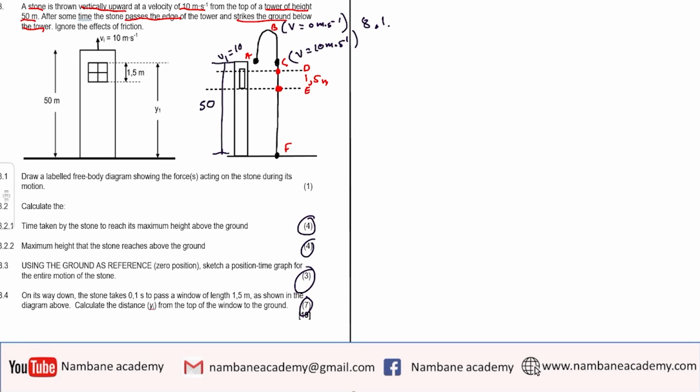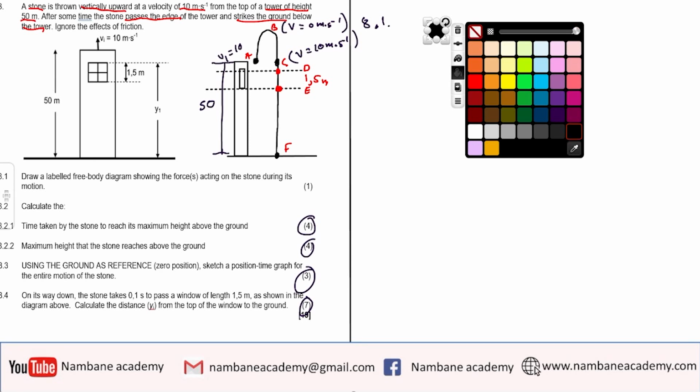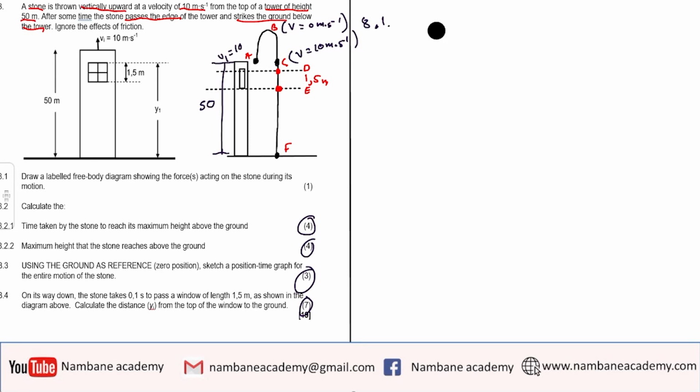What does that mean, ladies and gentlemen? It means whether the projectile is going up or down, the only force acting on it is the force of gravity. Then I will be in a position to say it is just FG, and I will be given my 1 mark in that regard.